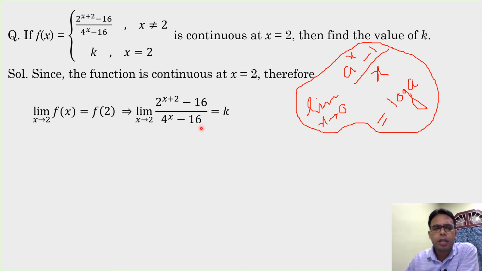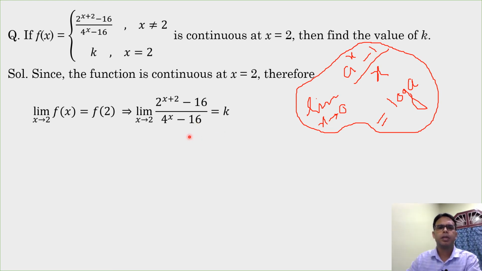But here, to use this limit, the question is not in the exact format of the formula. Our first priority is to make this 16 as 1, because we need 1 here.